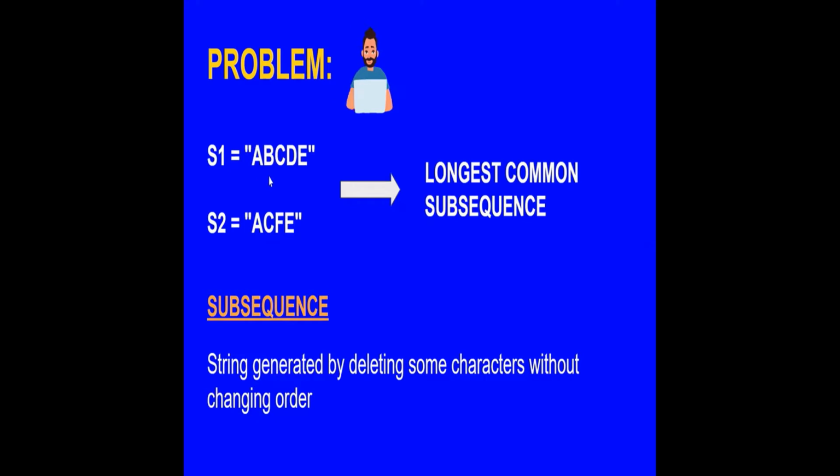Similarly, if we delete the characters B and C both, then ADE is also a subsequence of S1. But AEB can't be a subsequence of string S1 because the order of the two characters B and E is interchanged. So a subsequence is just a part of a string which is formed by deleting some characters and maintaining the order of the other characters.